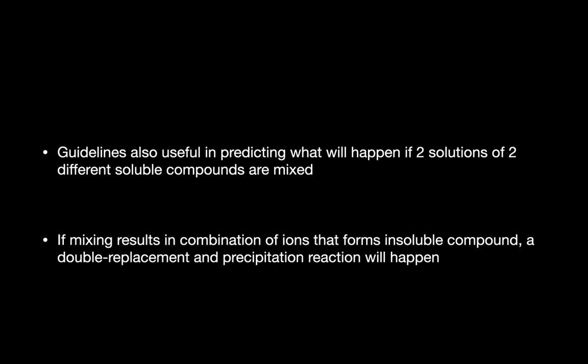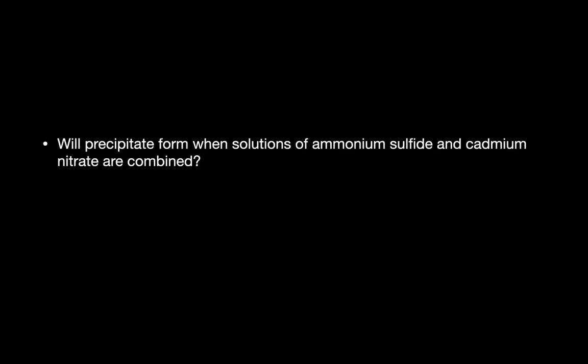If you remember from last year, double replacement was one of the 5 types of chemical equations we looked at. We had single replacement, double replacement, synthesis, decomposition, and combustion. Double replacement was when you just swapped ions, if you don't remember that. Okay, will a precipitate form when solutions of ammonium sulfide and cadmium nitrate are combined?